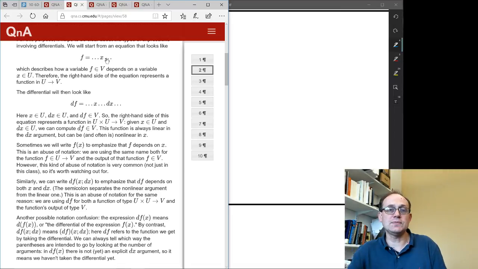In any given expression, it's going to mean one or the other, and hopefully it'll be clear from context which is which. The reason I bring this up is that both of these notations are common. It's common to write either f equals that, or f of x equals that. Same thing here, it's common to write either df equals the right-hand side, or df of x semicolon dx is equal to the right-hand side.